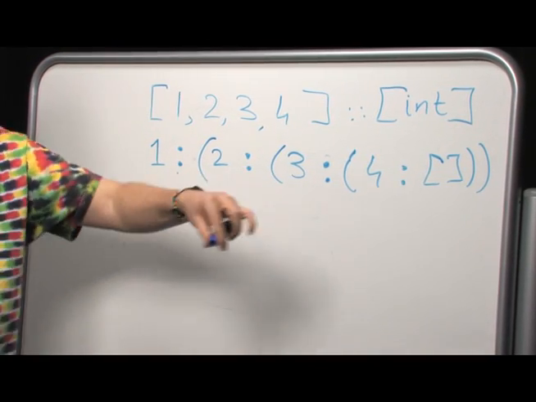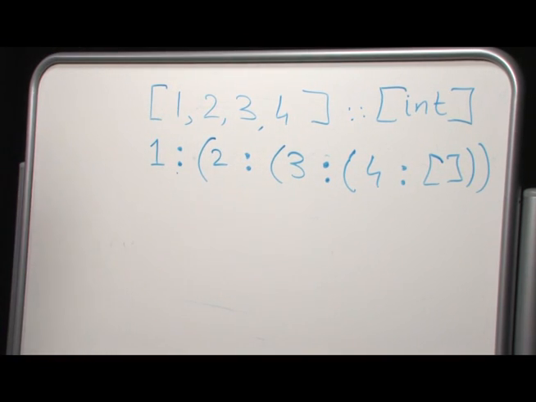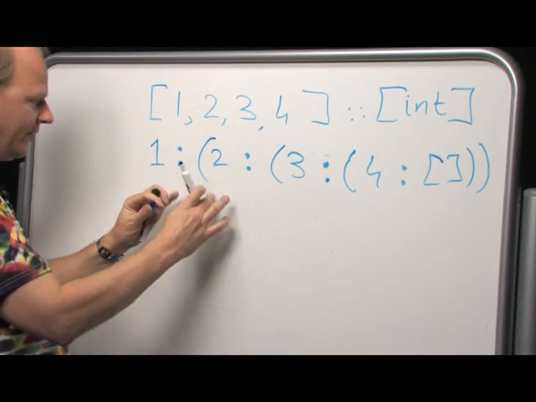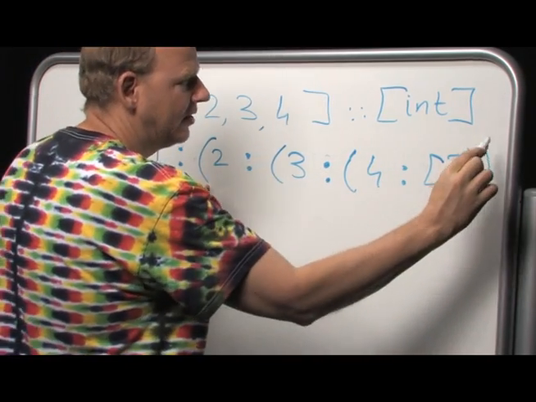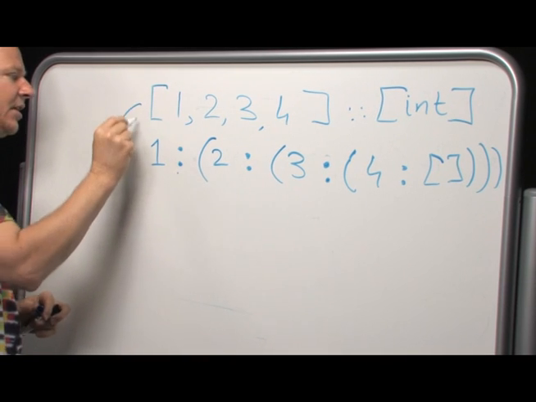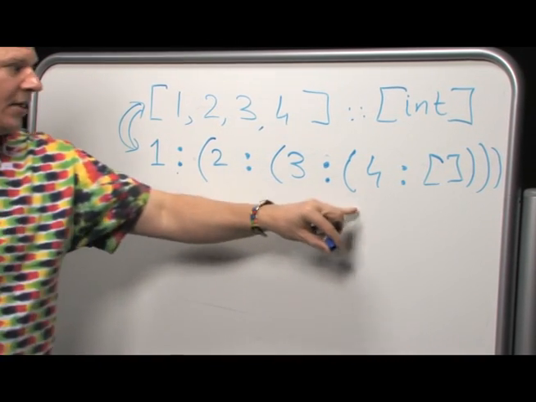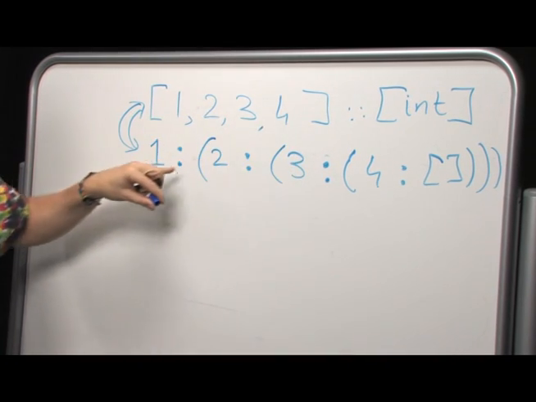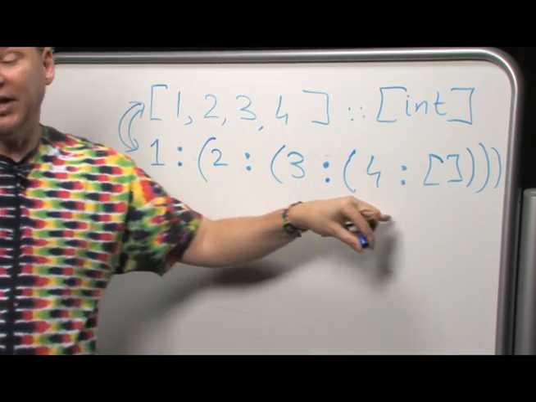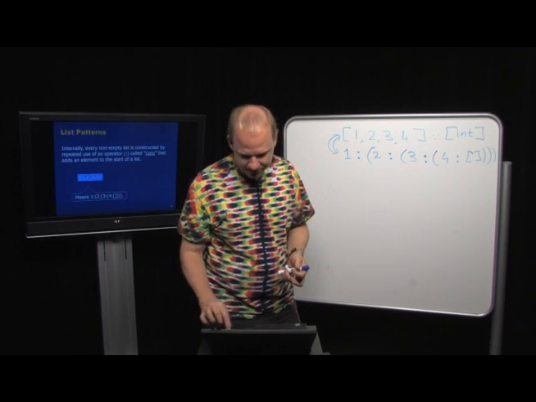It's kind of weird that the empty list is written with square brackets, but hey. I'm missing a closing paren. So this really means exactly the same. Whenever you write a list with square brackets, it's really an abbreviation for something with the cons operator.